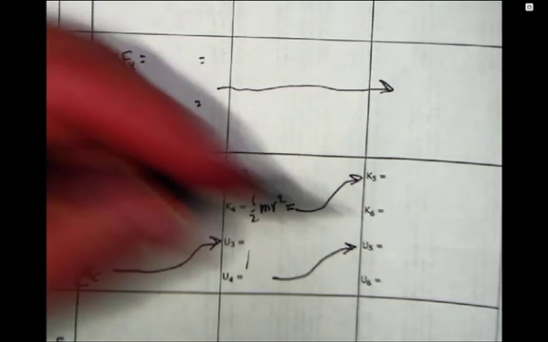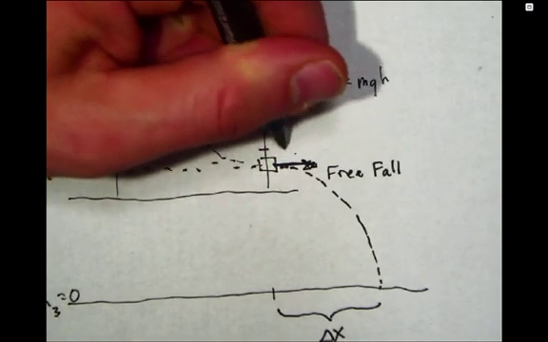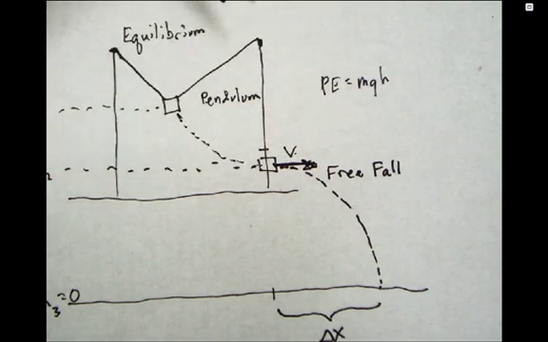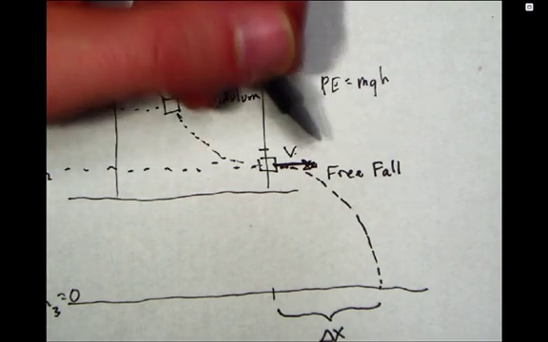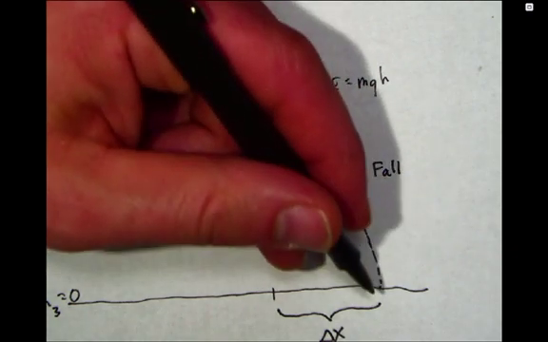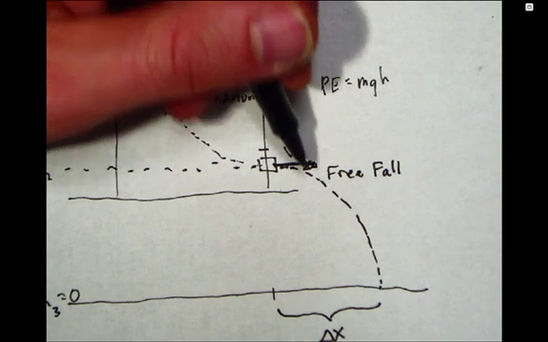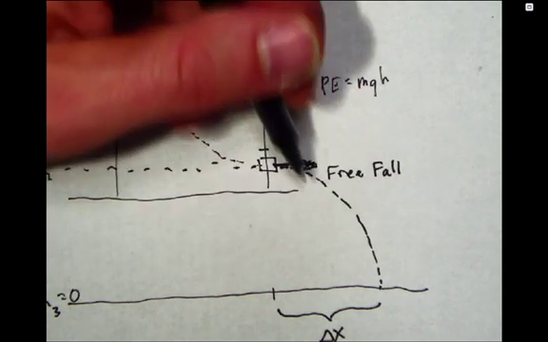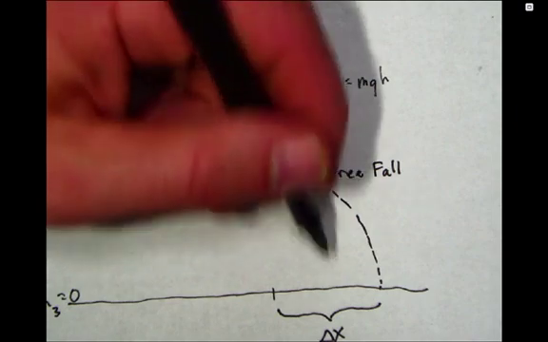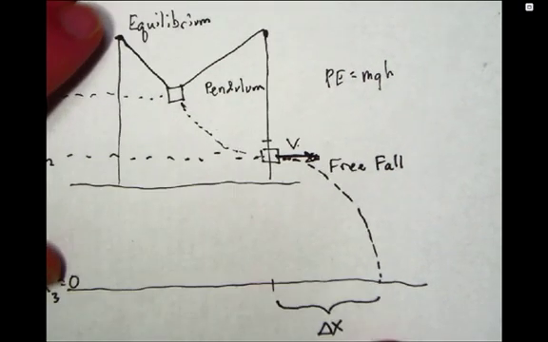The reason is, you are going to want to know what this velocity is. This velocity is very important because we know that it's a horizontal velocity. We know that velocity never changes all the way down. And so if we know how much time it takes for this to fall, and we know a velocity, we have what delta x is going to be. So let's keep that in mind.